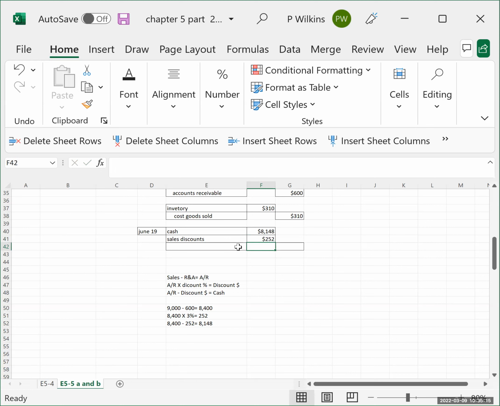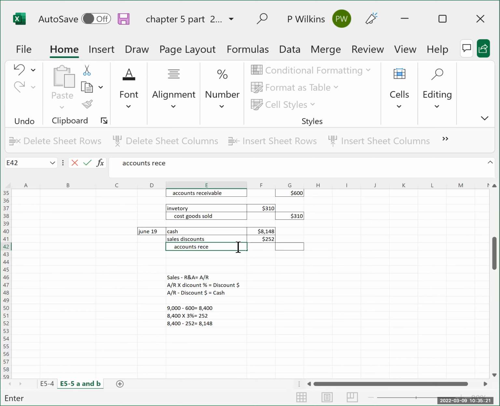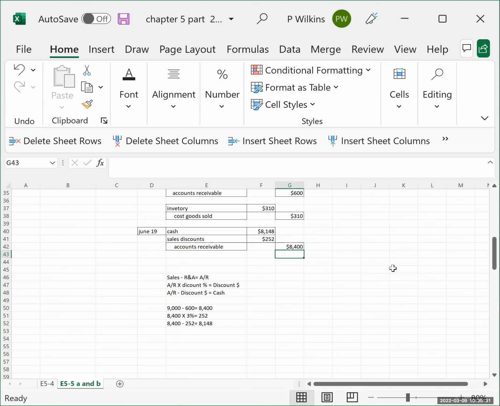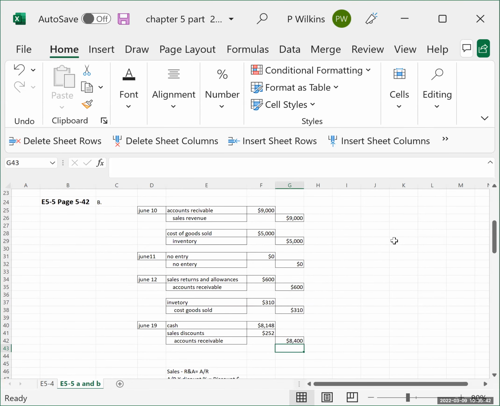And then we're going to be crediting accounts receivable for the accounts receivable dollar amount, which is $8,400. And that is to clear out the customer's account to show that they paid us off. So that would be the entries from the seller's side for that problem.